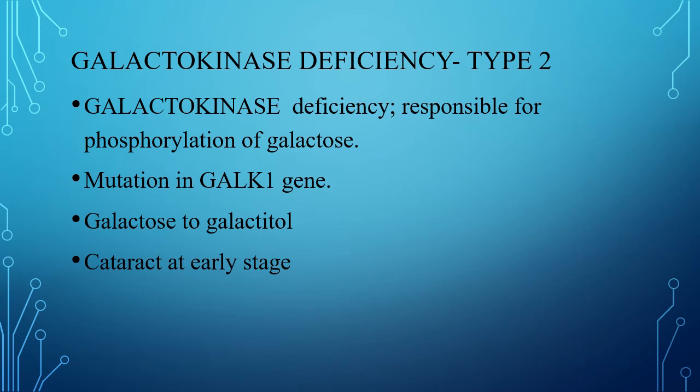The second type of galactosemia is because of galactokinase enzyme deficiency, which is responsible for phosphorylation of galactose, and there is a mutation in the GALK1 gene, so galactose will get converted to galactitol, and galactitol is accumulated in the eyes, liver, and kidney, and the baby may present with cataract at an early age.